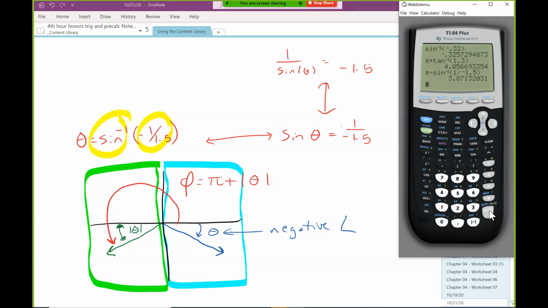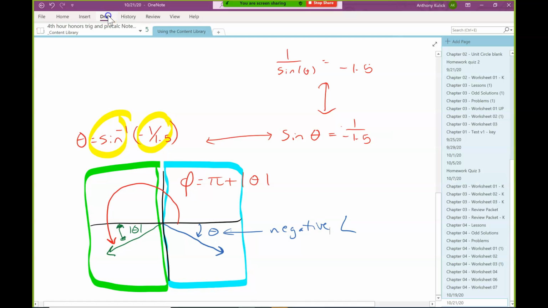So that gives me 3.87. Which again, this is 1.57 up here, and this is like 4.71 down here. This is about 3.14, so it's a little bit past pi. So it certainly appears to be the correct answer.